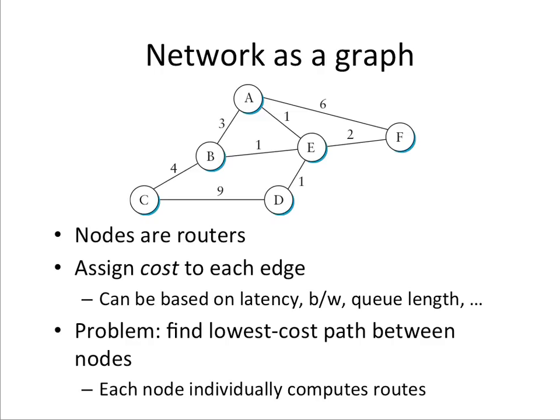What is latency? The amount of time required to traverse that link. Yeah, so latency is the time it'll take to traverse that link. And we might just assign the weight to be the latency of that link, right? What kind of latency is desirable, low or high? Low. Low latency, okay.